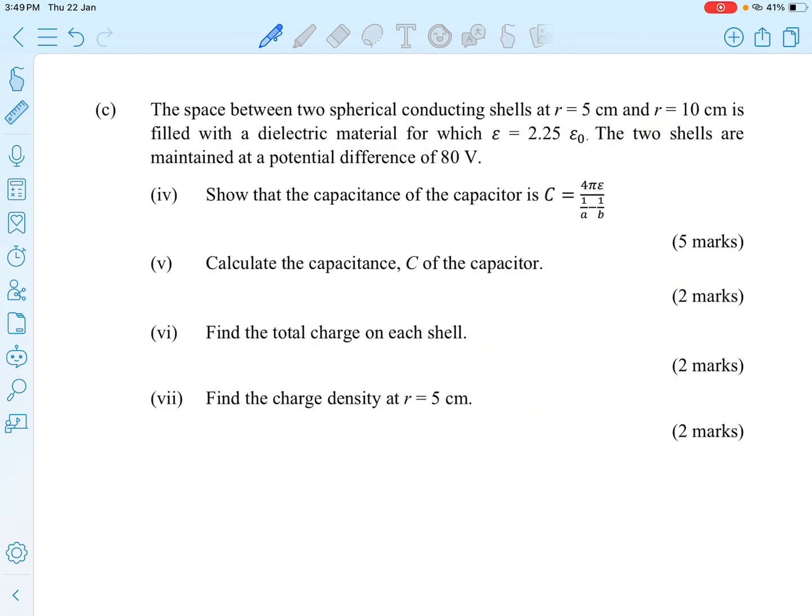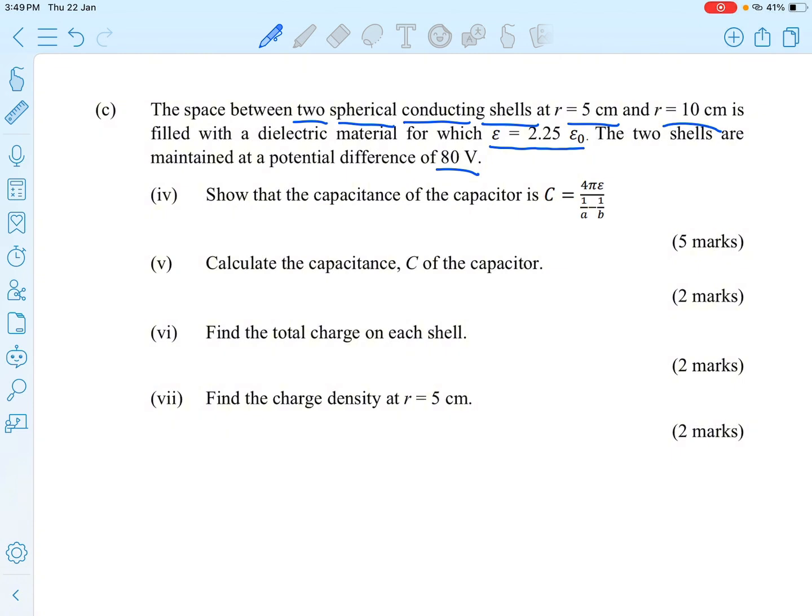Now let's look at question C. The space between two spherical conducting shells, at r equals 5 cm and 10 cm, is filled with a dielectric material. This is the property of the dielectric material in between, and the two shells are maintained at a potential difference of 80 volts.